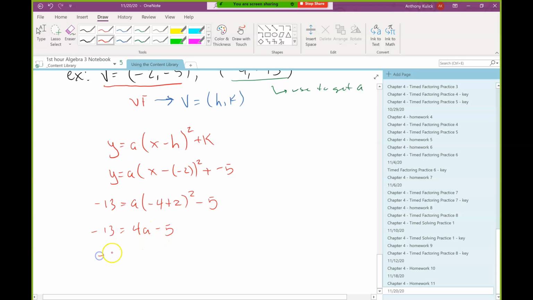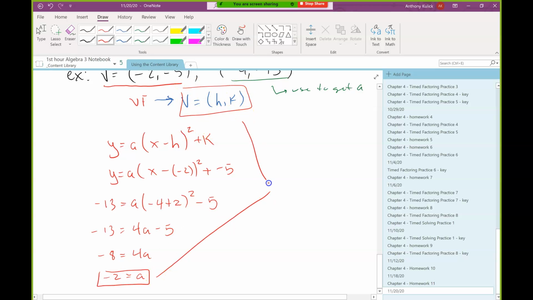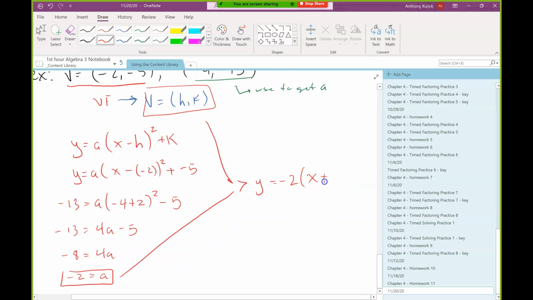So then I'll add 5 to both sides, and then divide by 4, and I have my value for A. So since I have my value for A, I have my value for H and K. I can take those two things, put it together, and say Y equals -2, that's my A, times X plus 2 squared minus 5. Right, just like I got when I plugged the vertex in for H and K. And now I'm done.